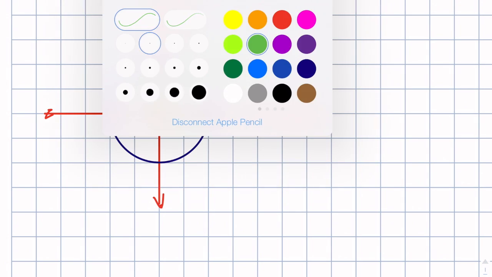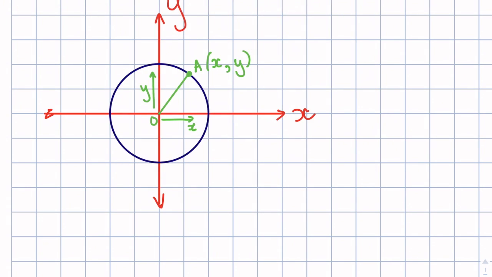And then I can draw myself a nice little right angled triangle, and I'm going to draw that right angled triangle over here. So this is the length x, this is the length y, and this is the point x, comma, y.